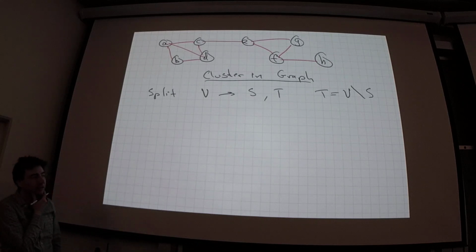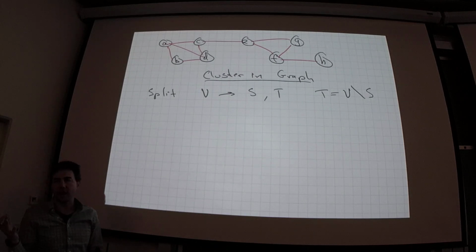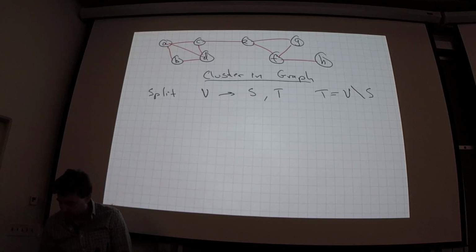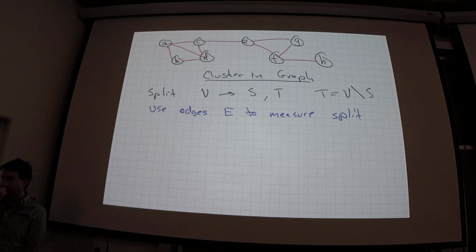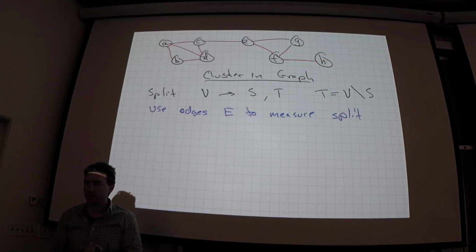So I'm going to split it into 2 sets, S and T. I'm going to think about splitting that, and I'm going to use the edges E to somehow measure how good the split is. Okay? So the edges are somehow going to play the role of the distance before and the vertices of the data points.